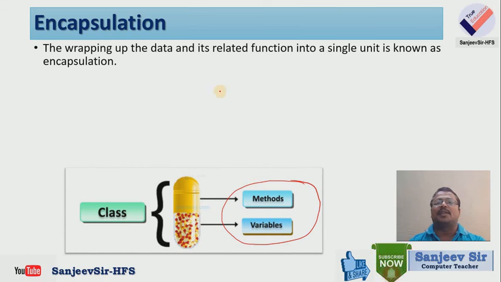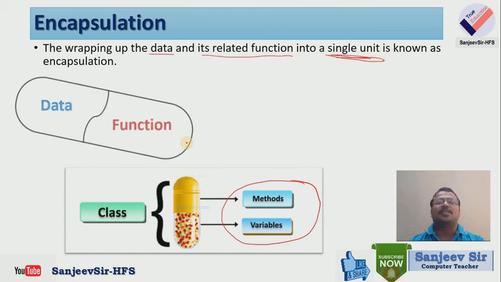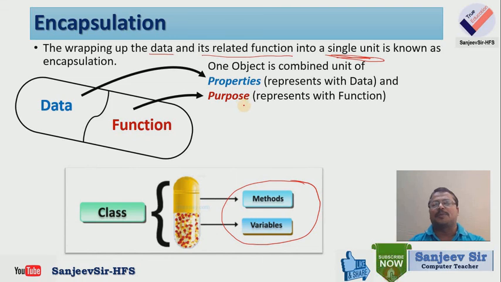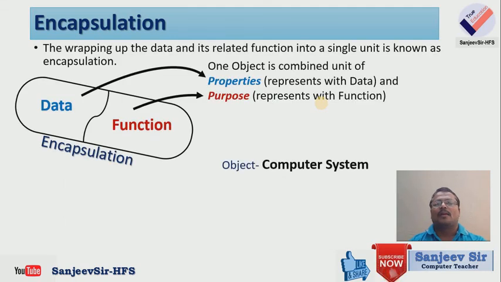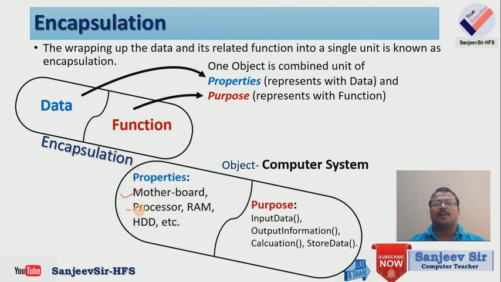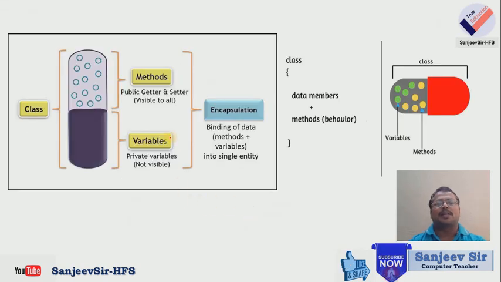Data means properties and functions mean purpose. Take a computer system: the motherboard, processor, RAM, and hard disk are the data, and the different tasks they perform are the functions. Together they are encapsulated as a single unit.